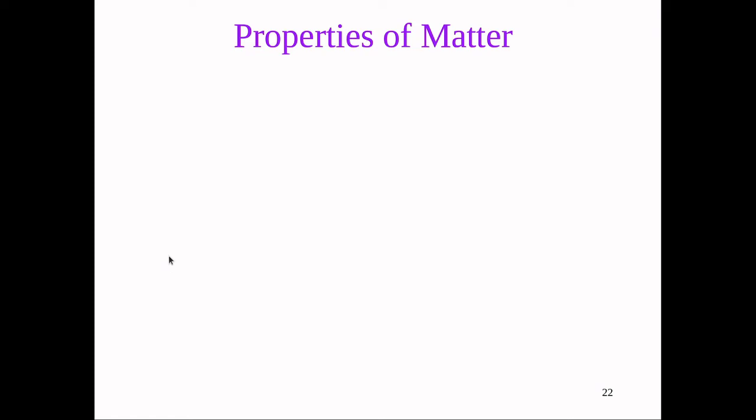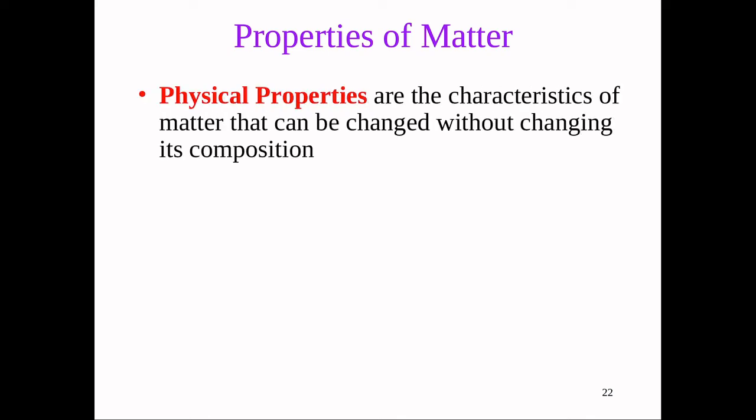Okay, we've talked a lot about the different properties of matter, and now we're going to give ourselves some classifications of different properties. The first one are going to be physical properties. Okay, these are characteristics of matter that can be changed without changing its composition.